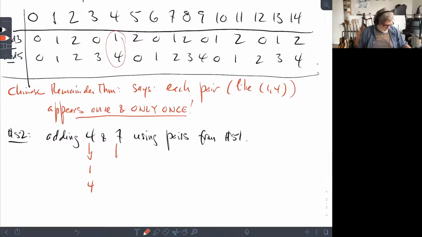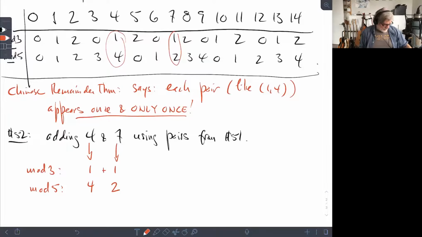The pair corresponding to 7 is the pair 1, 2. Let's say I want to add 4 and 7. I'm just looking at the pairs. This is what happens mod 3, and this is what happens mod 5.